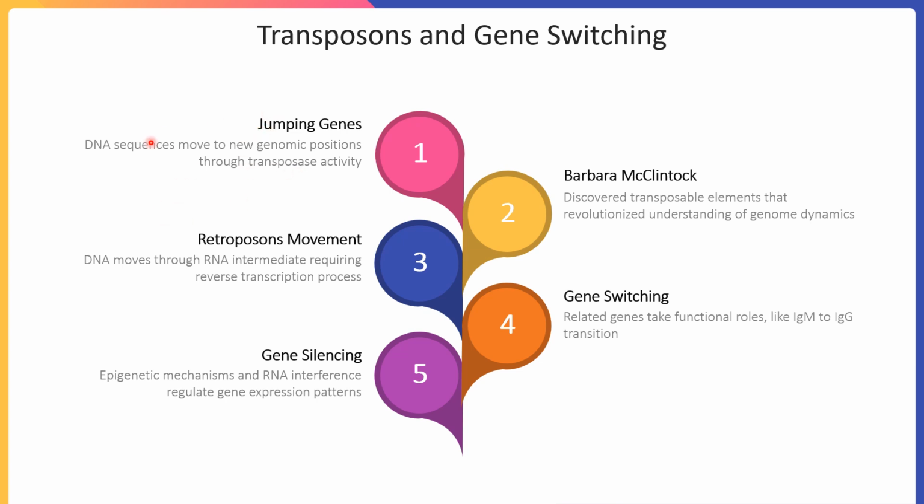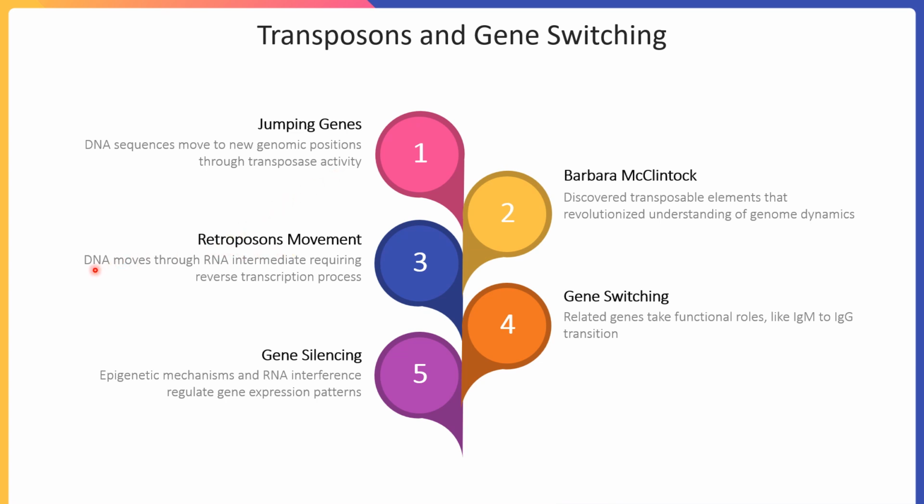So how is this jumping taking place? By the help of transposase activity, and this was discovered by Barbara McClintock, and this revolutionized the understanding of genome dynamics. That is, our genetic material or gene sequence is very dynamic due to the presence of these jumping genes. So a DNA sequence present here can jump to another area through transposase activity. And what are retroposons?